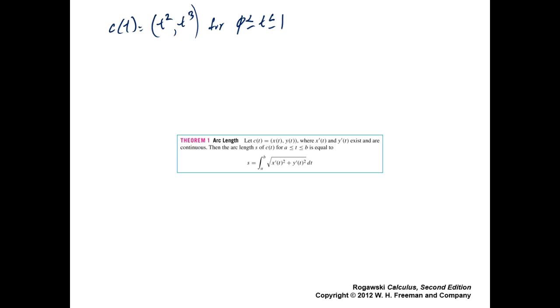Where does it begin? T starts at 0. So what is it at 0? 0, 0. Okay? Now t is increasing from 0 to 1, so it's always staying positive. So let's just pick some value in between 0 and 1. A half.